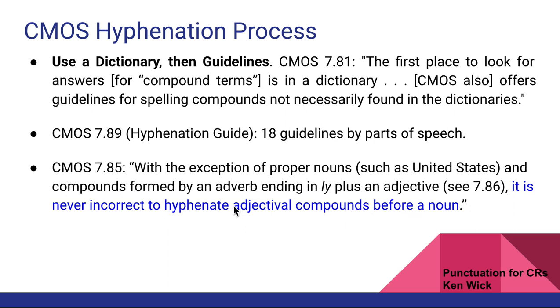So when we get further into the discussion and see the examples, we might wonder whether it should be hyphenated or not. Well, the good news is that CMOS actually says it's never wrong to hyphenate them. So if you're using this style guide to base your decision on, this is good news. It's almost like you can't go wrong if you hyphenate it, except for these two situations per CMOS.